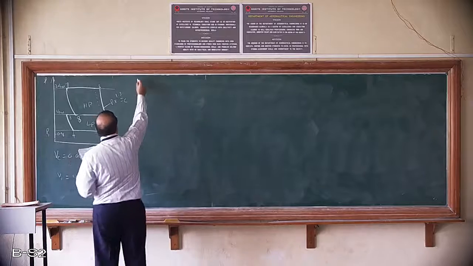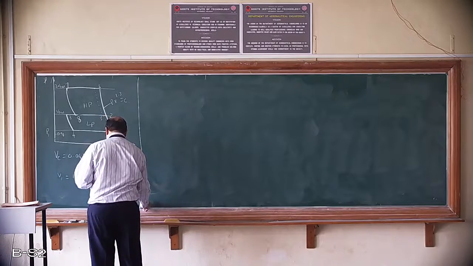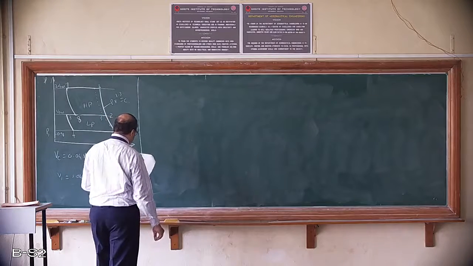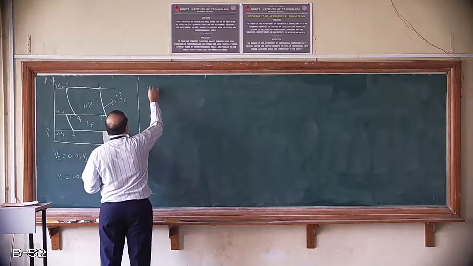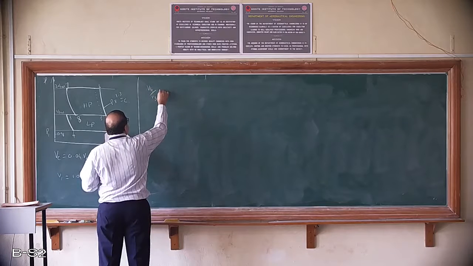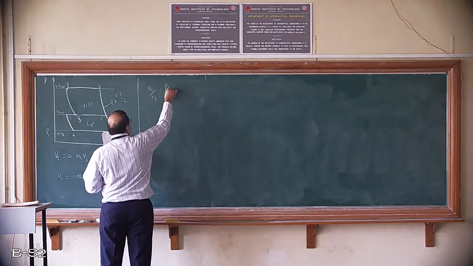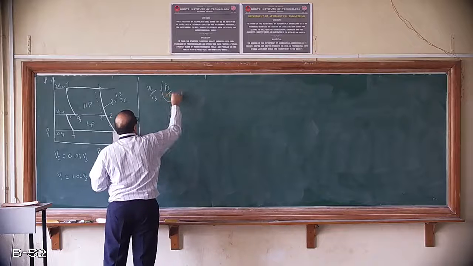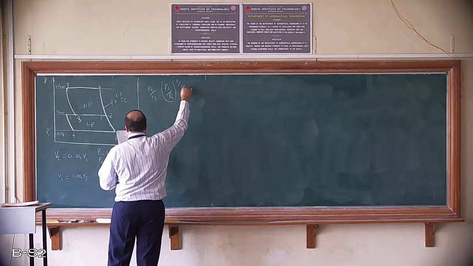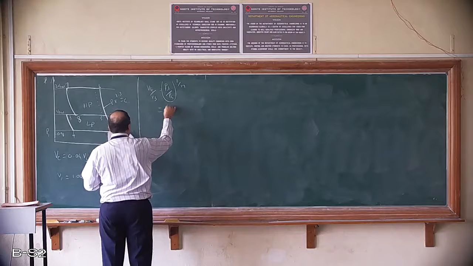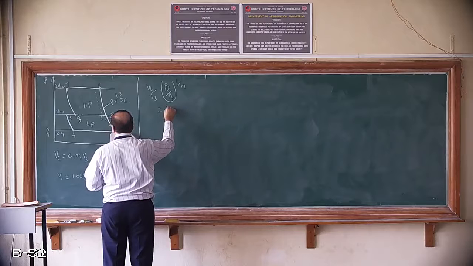We know V4 by V3 is equal to P3 by P4 to the power of 1 by n. V3 is what? Clearance volume.